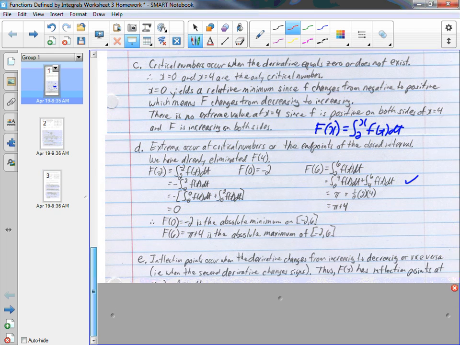So inflection points occur when the derivative changes from increasing to decreasing, or vice versa. In other words, when the second derivative changes sign. They like the change of signs things, don't they? We've had a couple of people talk to us about saying that. Okay? Because which way are they looking for me to explain that?